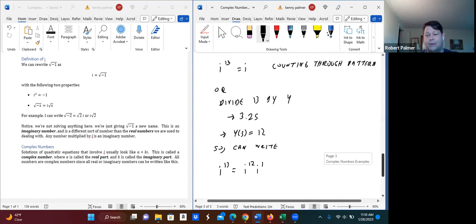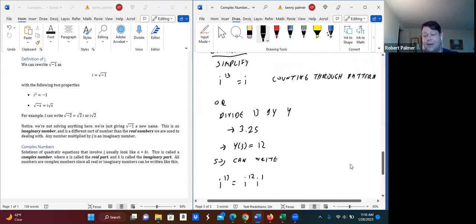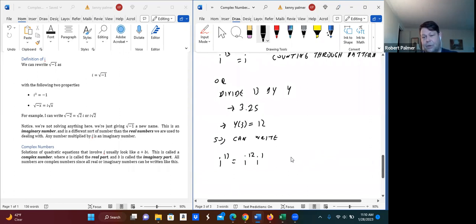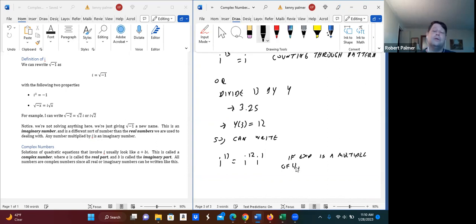Okay, now why did I do that? The reason is that I have this rule here. If an exponent is what's called a multiple of 4, in other words 4, 8, 12, 16, and so forth, so you can divide it by 4 evenly, and let's call the exponent n, then i to the n, whatever that n is, is the same as 1.